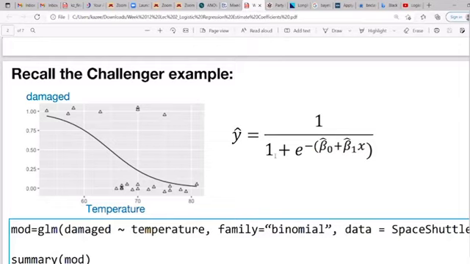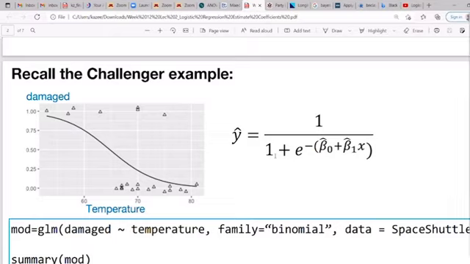Presenting that in a probability form is basically going to be y cap. The y cap here represents the probability of damage. The y cap is going to be the probability of the characteristic of interest.